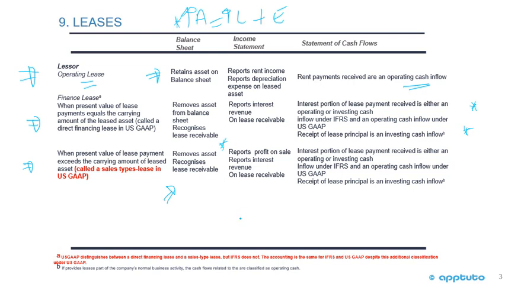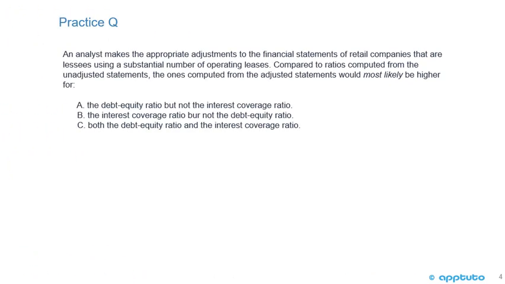And again, interest revenue on the lease receivable, and the interest portion is the same as above. So again, with regards to looking for information about a lease from the lessee's or the lessor's point of view, we look to the financial statements: balance sheet, income statement, statement of cash flows, and the notes to the financial statements. So just one quick practice question with regards to this LOS.